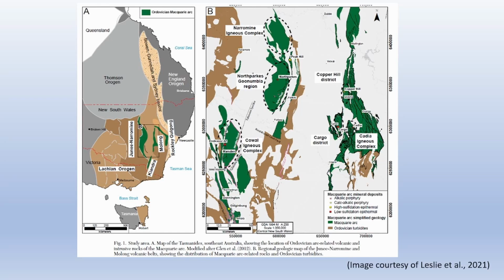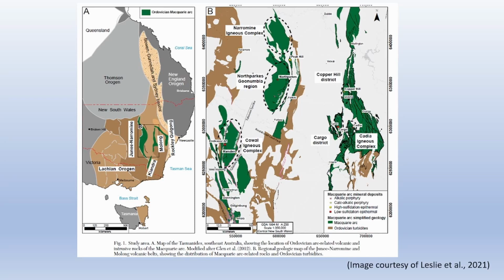Here we can find Endeavour 42 and Marsden, which are epithermal and porphyry systems with textbook magmatic-hydrothermal features. And finally, we have the Cadia district, which is one of the world's largest gold producers. Cadia is a global model for porphyry exploration in convergent arc settings.